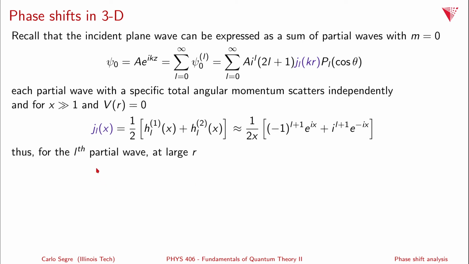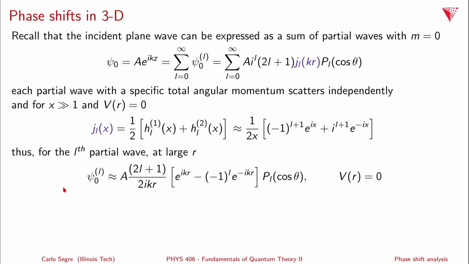So for the L-th partial wave at large values of r, we can write psi 0 of L, which is the L-th partial wave, as A times 2L plus 1 over 2ikr times the quantity e to the ikr minus minus 1 to the L power e to the minus ikr.